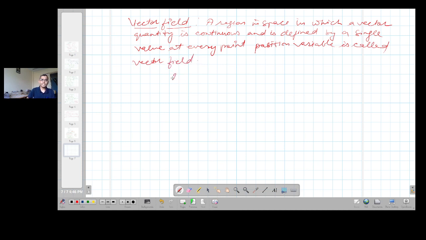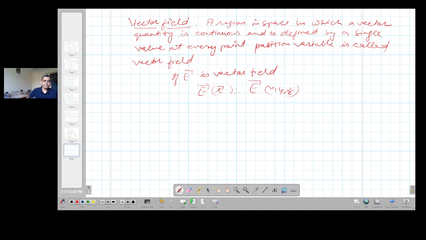So if E is a vector function or vector field, then this E can be written as E(x, y, z). It is a simple mathematical representation.